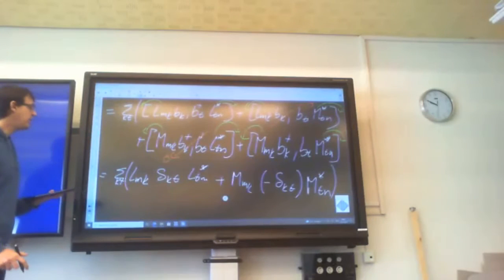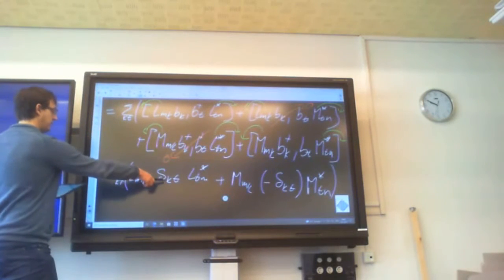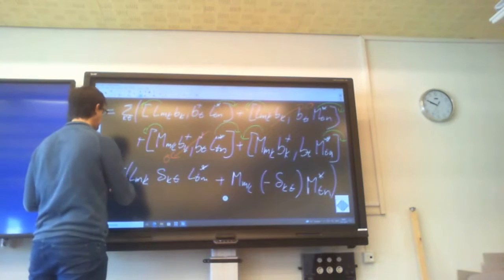And now we can do the same. We just use the delta function to eliminate the sum over t.